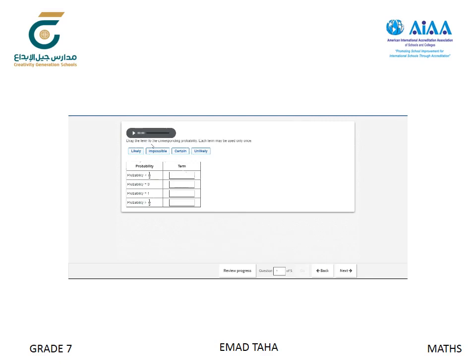Drag the item to the corresponding probability. Each item may be used only once. Okay, in the practical part, we said when the probability is smaller than half, it may be likely, impossible, certain, or unlikely. Yes, unlikely.